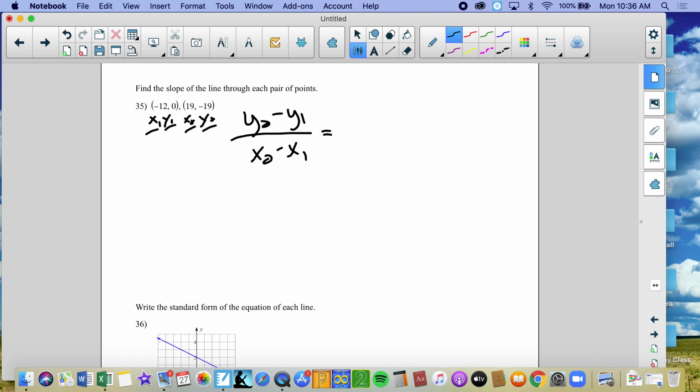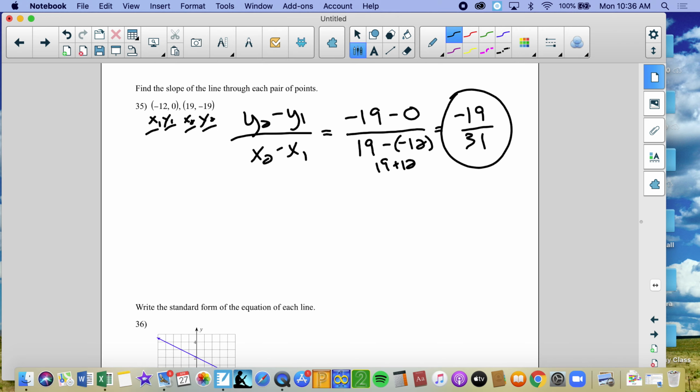So we have y sub 2, which is negative 19, minus y sub 1, which is 0. We have x sub 2, which is 19, minus my x sub 1, which is negative 12. That leaves me with negative 19 over 19 plus 12, which gives me 31.